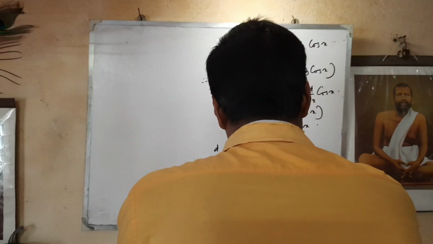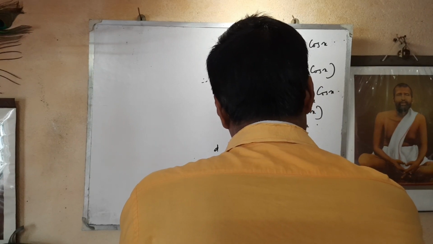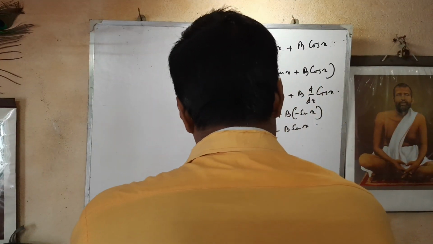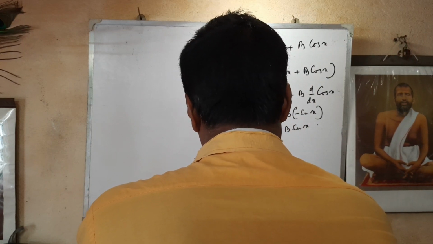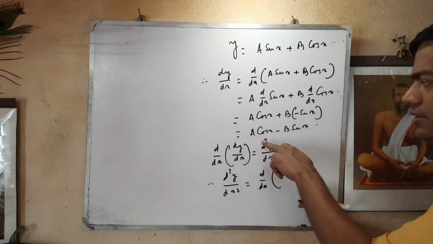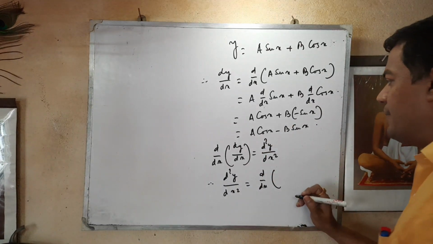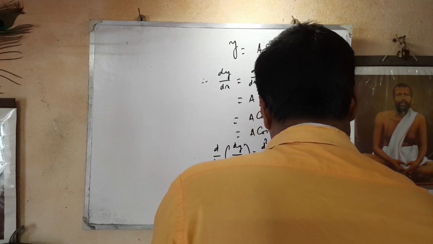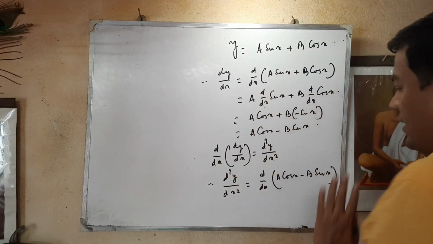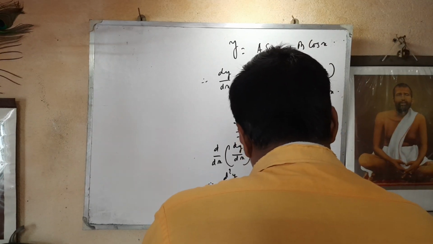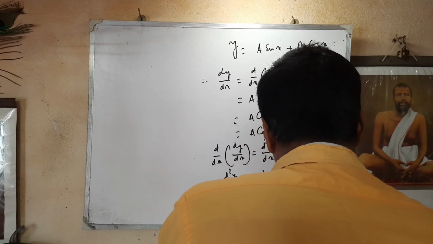It is known as d2y/dx2. Therefore d2y/dx2 is equal to d/dx of dy/dx, and we have dy/dx equal to a cos x minus b sin x. Now what is the differentiation of a cos x minus b sin x? It will give you minus a sin x minus b cos x.